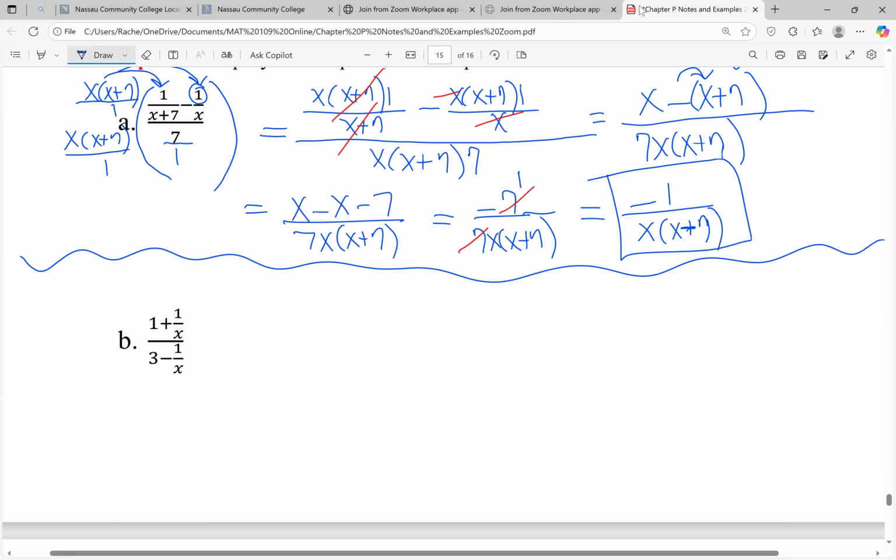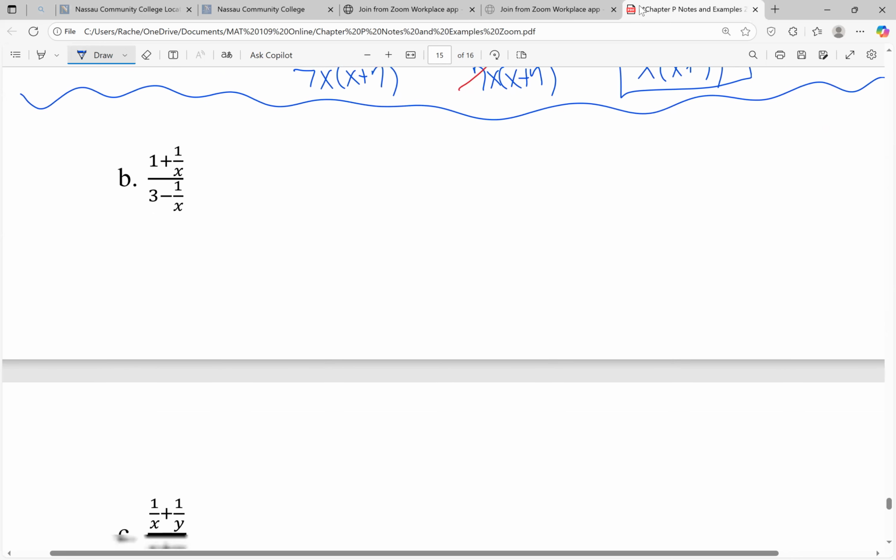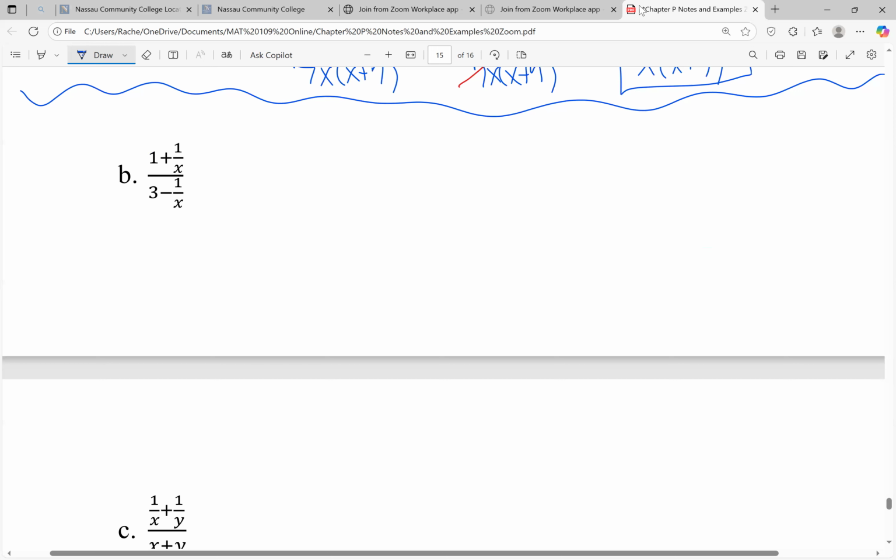So let's look at B. I'm looking at this as 1 over 1 plus 1 over x, over 3 over 1 minus 1 over x.